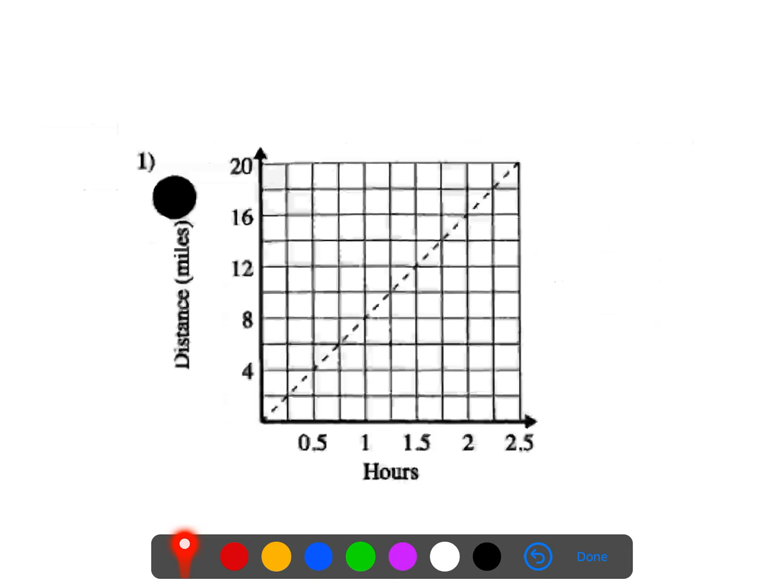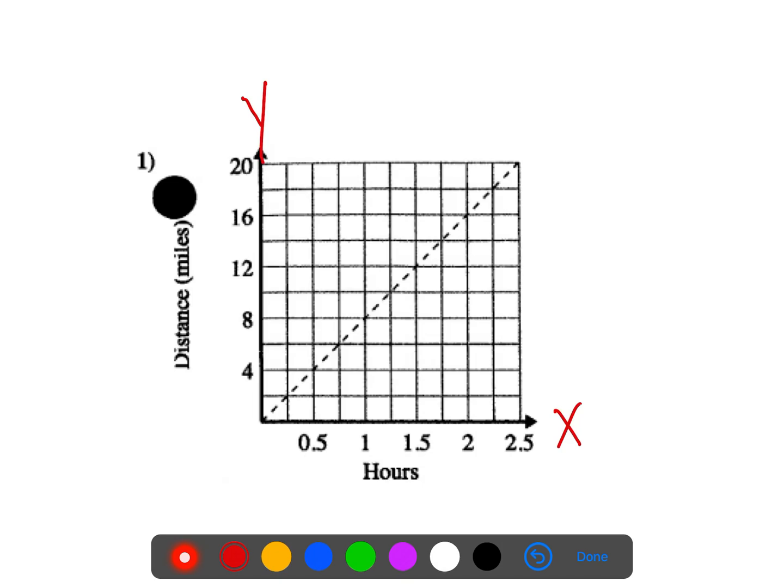All right, so a couple of important reminders. First, in a graph, pay very close attention to how each axis is labeled. So here we have hours and we have distance in miles. Now please remember that this is the x-axis and this is the y-axis.